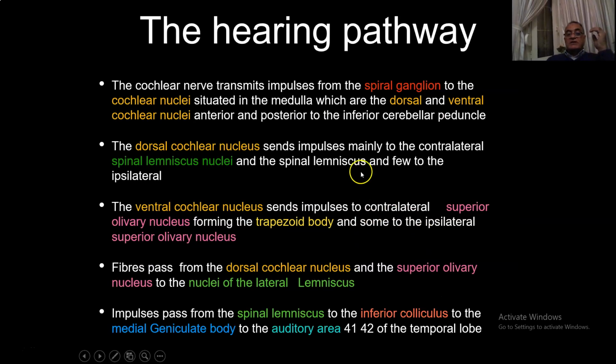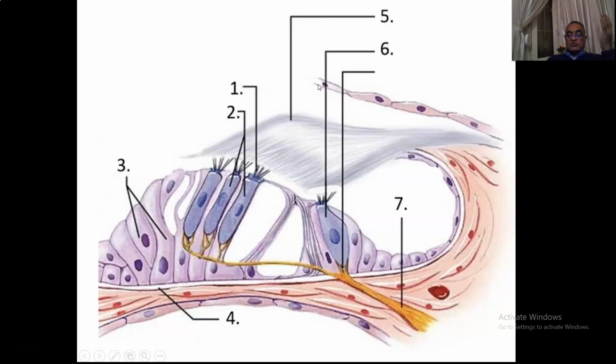So the hearing pathway, again: the cochlear nerve transmits impulses. Now we understood how hearing is formed: vibrations, tympanic membrane, ossicles, perilymph, basilar membrane, the organ of Corti is vibrated, the tectorial membrane is fixed, stretching on the cilia which are embedded in the tectorial membrane.